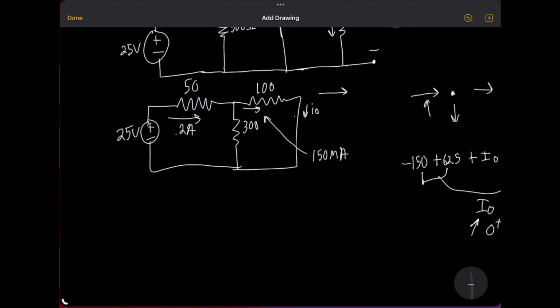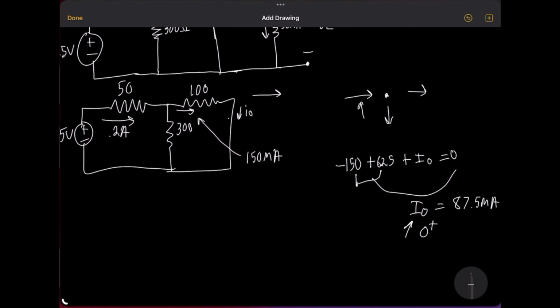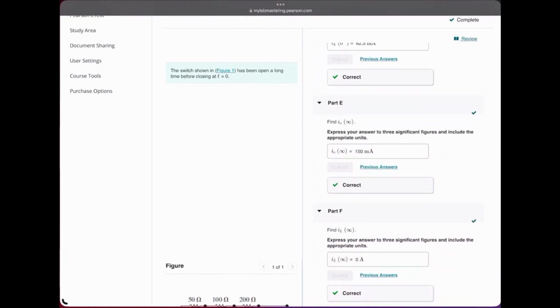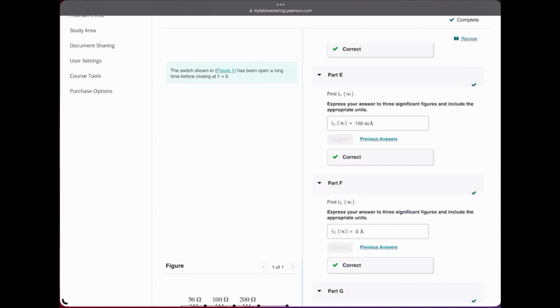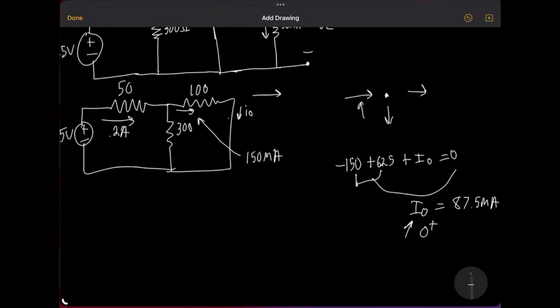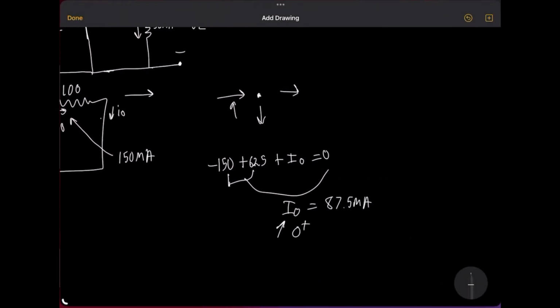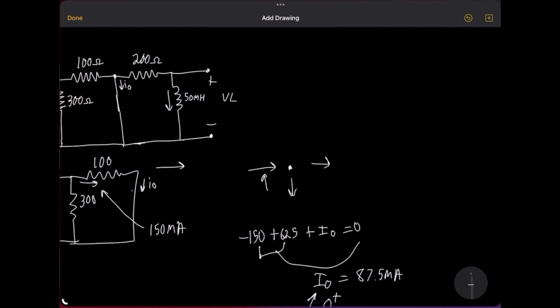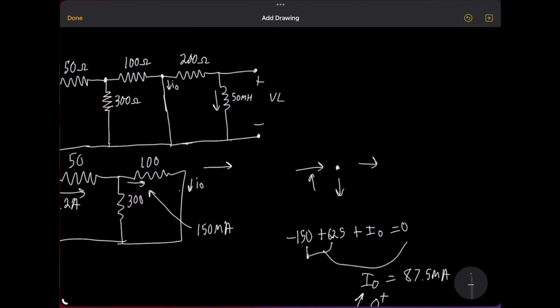Now, how do we write I of t as it goes to infinity? Well, as it goes to infinity, 62.5 will approach 0, because as this inductor continually goes, it's going to go to 0 because that resistor is going to take or dampen all of the current out of this inductor.